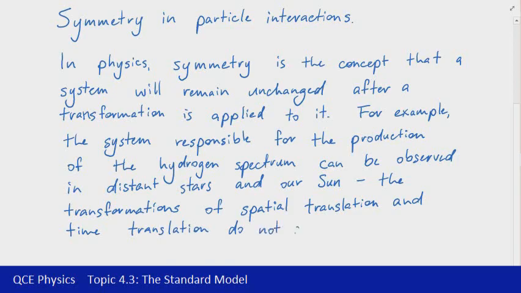So we still see that same spectrum of hydrogen being produced, and that means that we have symmetry in spatial translation and in time translation. So that's just an example. Another way to think of this is that the laws of physics apply everywhere in the universe. It doesn't matter where you go, it doesn't matter when you go, those laws will still apply.